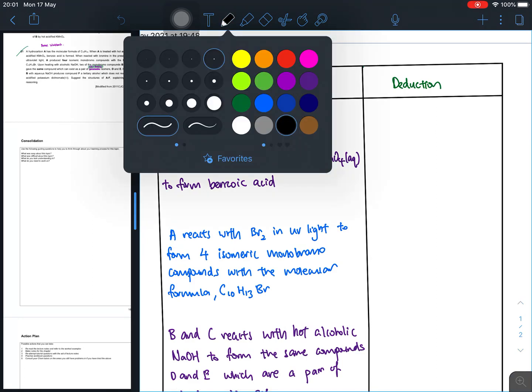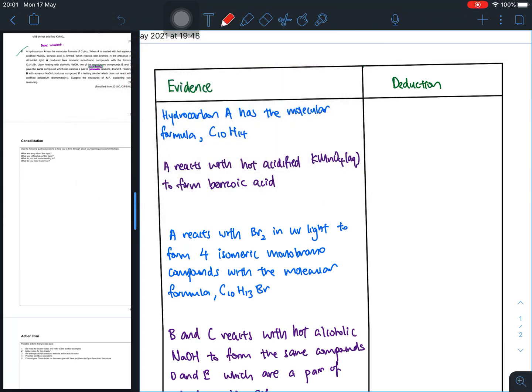Okay, and just a reminder, a deduction actually means that you need to include several things possibly, which includes the functional group, type of reactions, and in some cases you would probably need to know the specific structures.